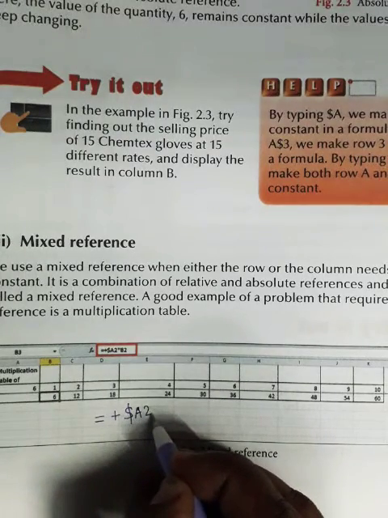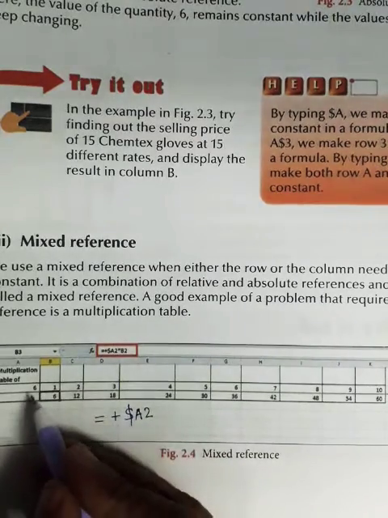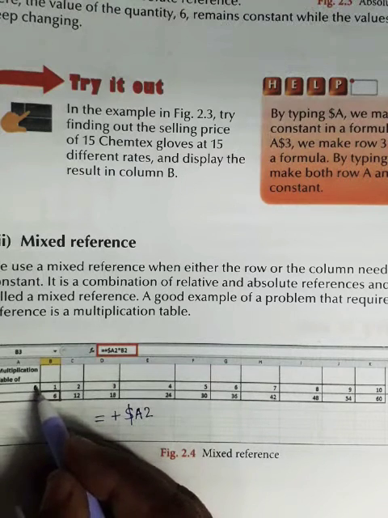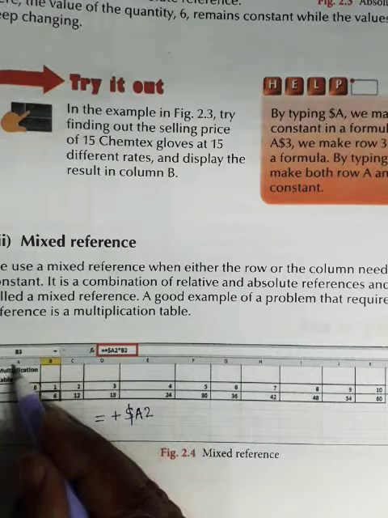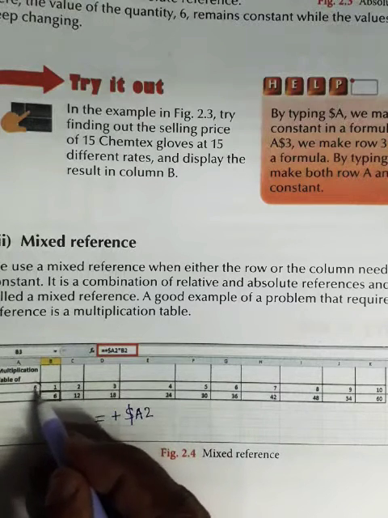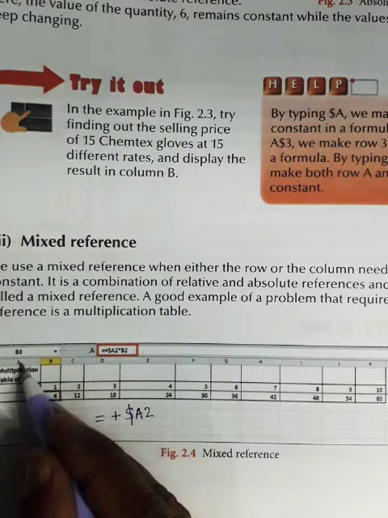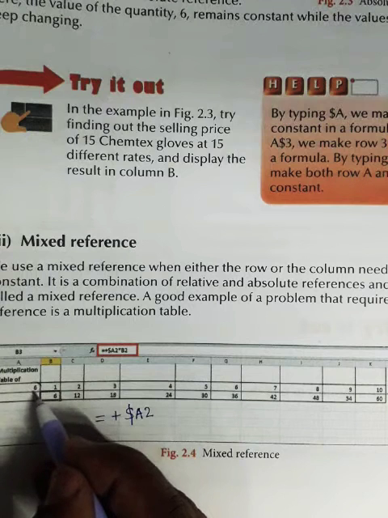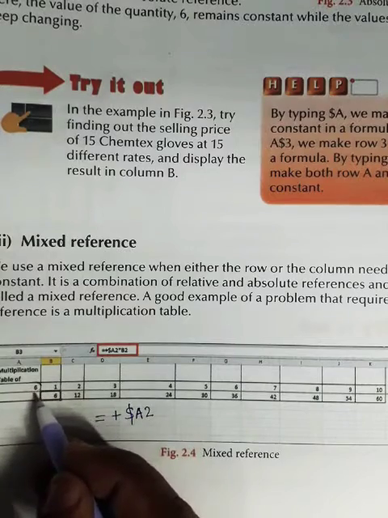A2 is the 6 of the table. You can see it is the cell address of A2, 6, because we want to get the calculation of 6 here.